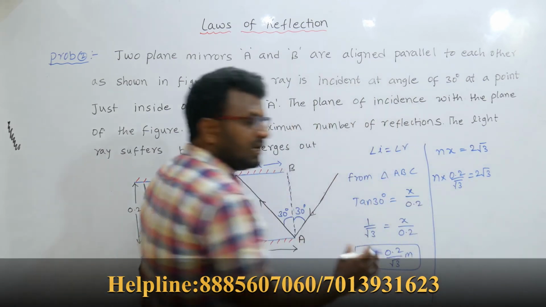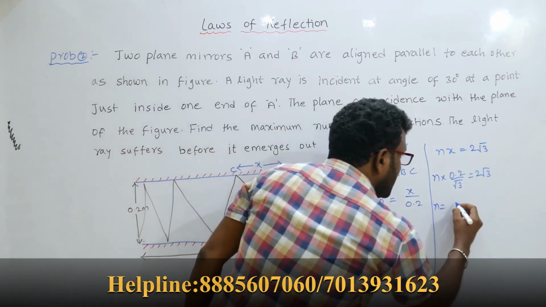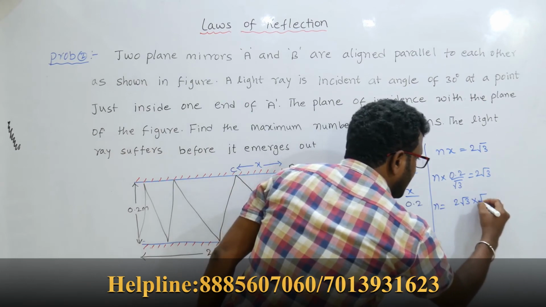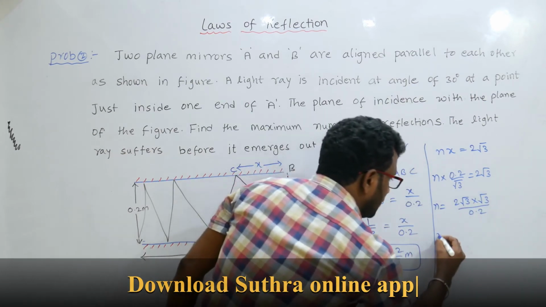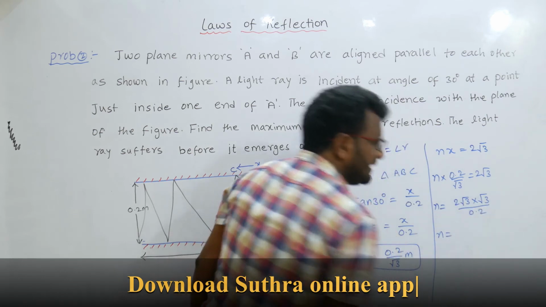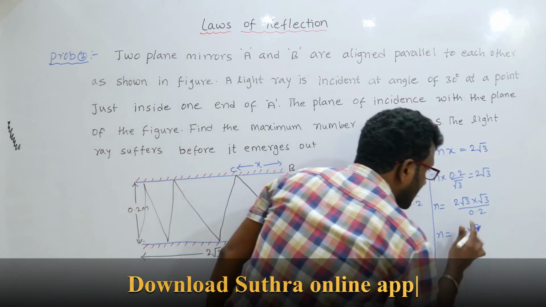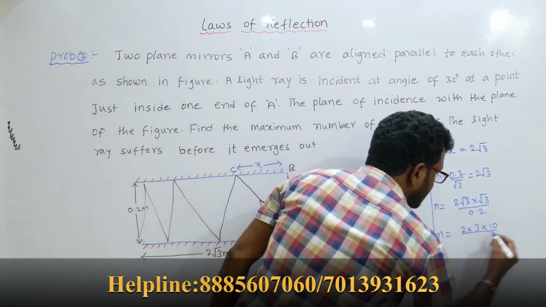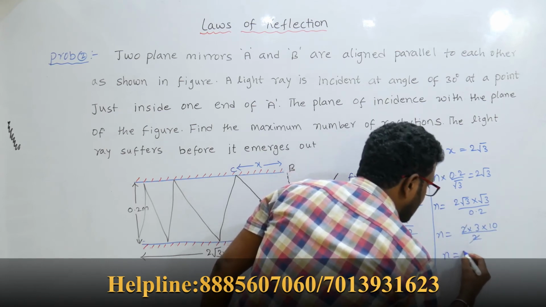Now this √3 can go to the right side, then n is equal to 2√3 into √3 by 0.2. Now √3 into √3 is nothing but 3. So 2 into 3 by 0.2, we can write 0.2 as 2/10, the 10 goes up, so by 2, the 2 will cancel, then n is equal to 30.